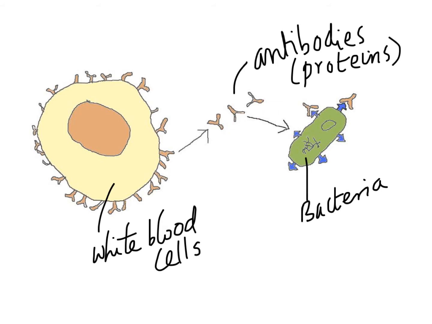Antibodies are made up of protein, and what they do is they attach to these harmful microorganisms at special sites, and they have this particular shape. The shapes of these proteins are really important, because their function depends on this particular shape. As you can see, it's roughly Y-shaped, and it helps them to attach to specific sites on the bacteria or other harmful microorganisms that have come inside our body.